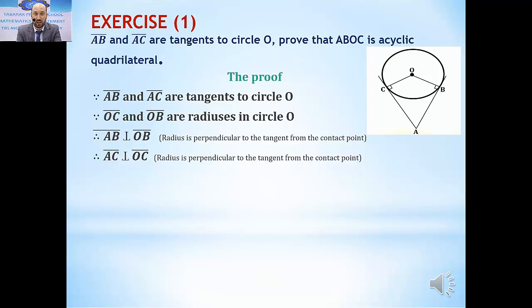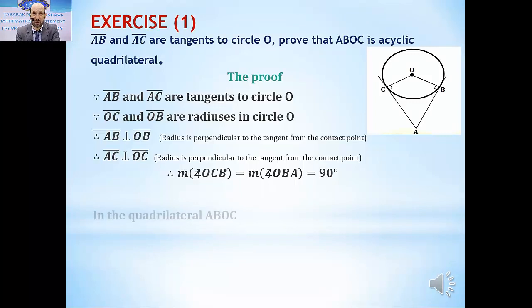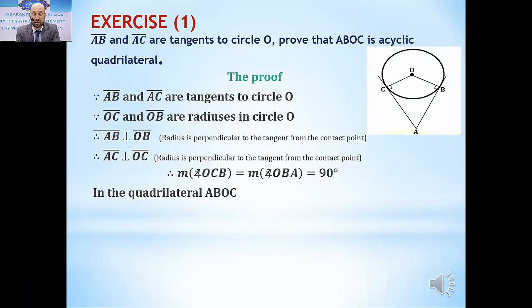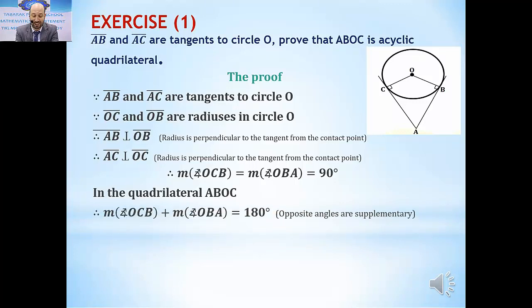So we have two right angles, angle OCA and angle OBA, each equal to 90 degrees. In the quadrilateral ABOC, the sum of the opposite angles equals 180, because angle C plus angle B equals 90 plus 90 equals 180.